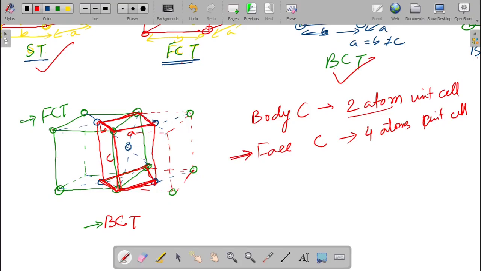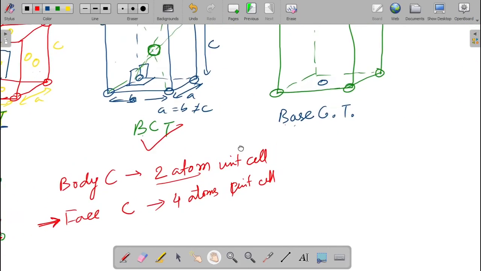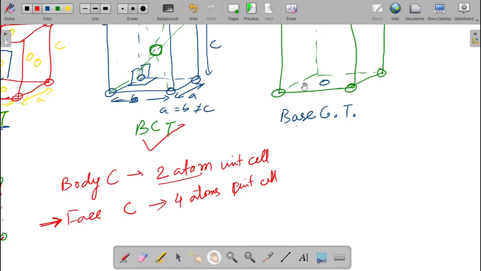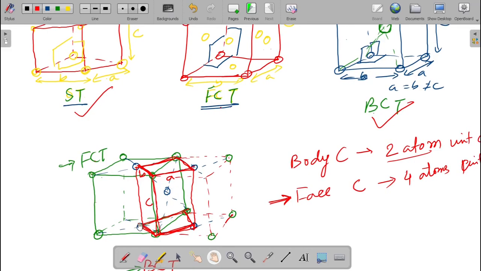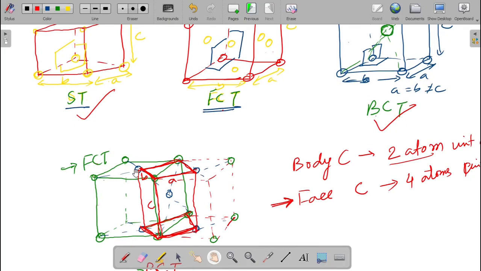That's how we go along, right? So this also actually answers your body centered, base centered system question. In the case of base centered, if you have only the base, like what we have drawn, ignoring this one, so I have only the base centered, so these top and bottom atoms are there.